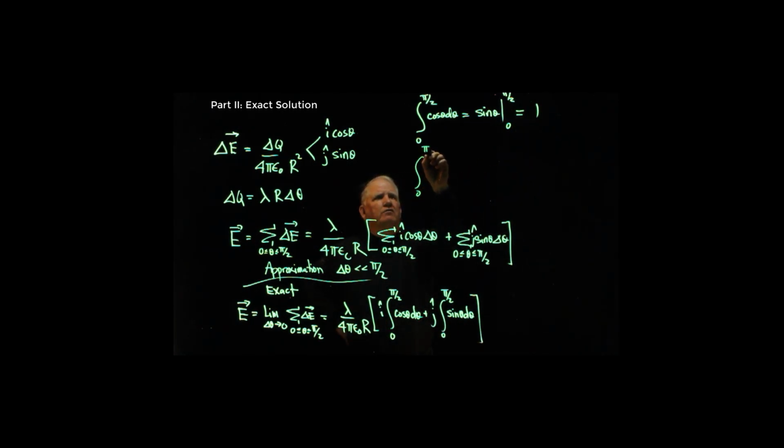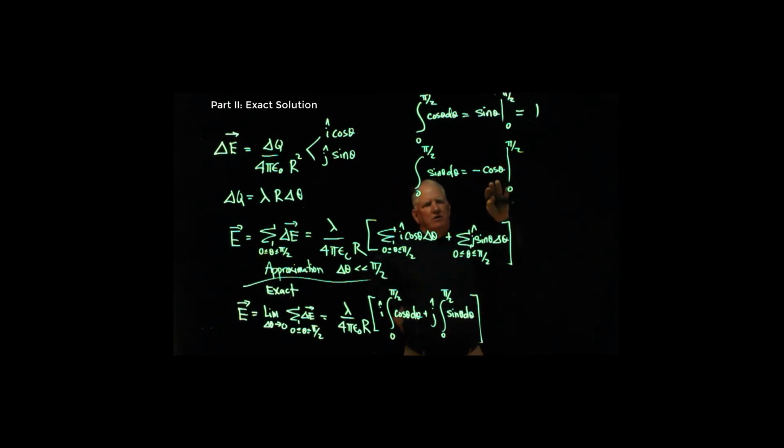Second integral, 0 to pi over 2 of sine theta d theta is equal to minus the cosine of theta, also evaluated from 0 to pi over 2, minus the cosine, which is the same thing as cosine 0 minus cosine pi over 2. Cosine of 0 is 1, cosine of pi over 2 is 0. So both of these integrals turn out to be 1.